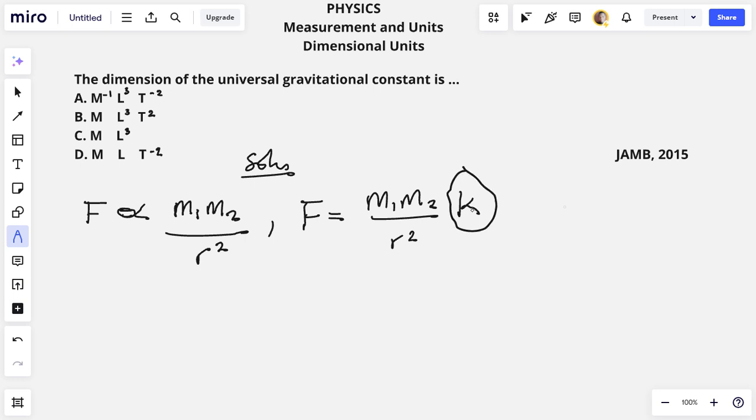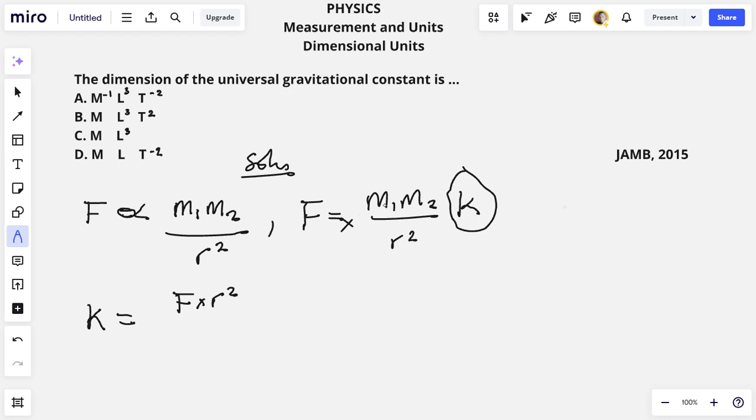So we are first going to make it the subject of the formula. If you make k the subject, k will be equal to, since r is on the denominator, if you do cross multiplication, F will multiply with r squared, so that will be force times r squared.